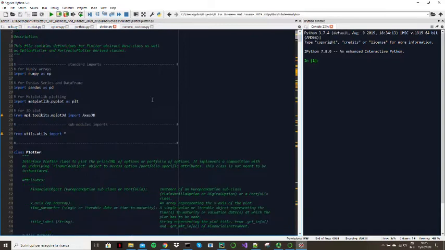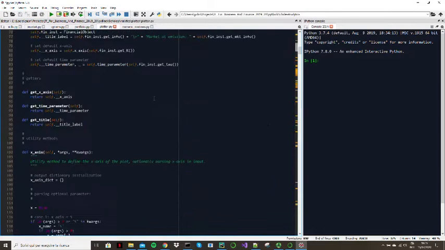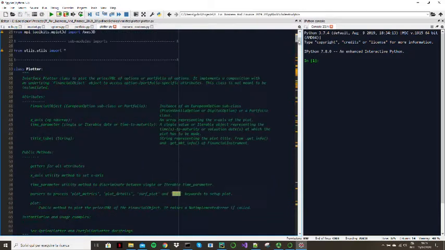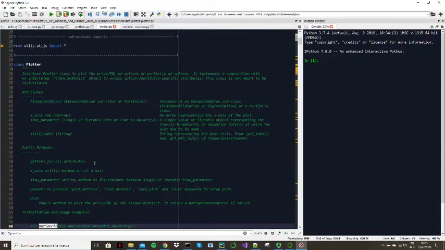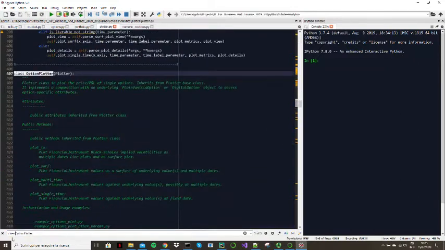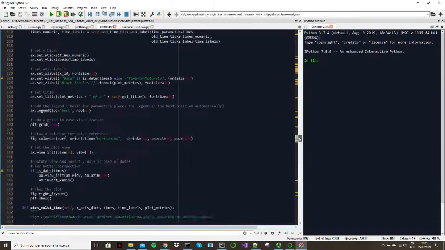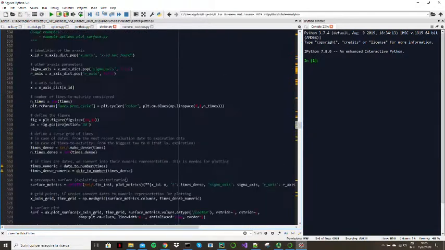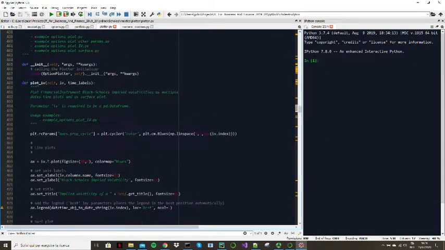Then what we have extended a little bit is the plotter class, which we have introduced. We already had the splitting into the option plotter and the portfolio plotter, but we have added the plot surface and an implied volatility plot.